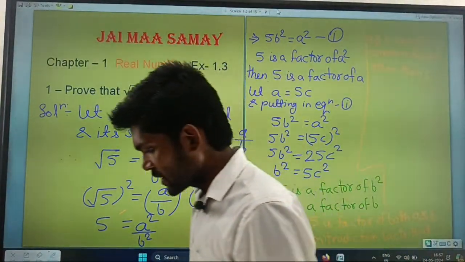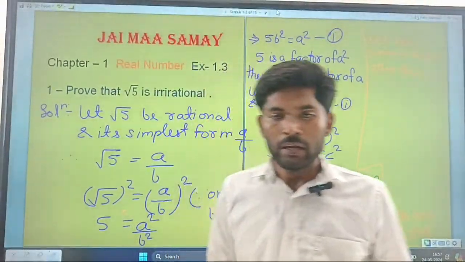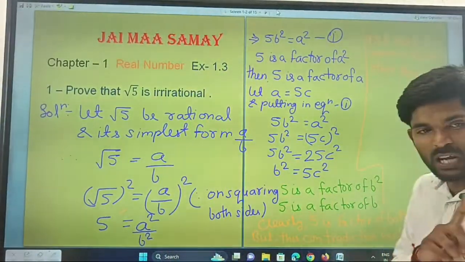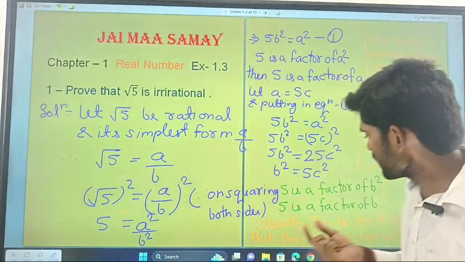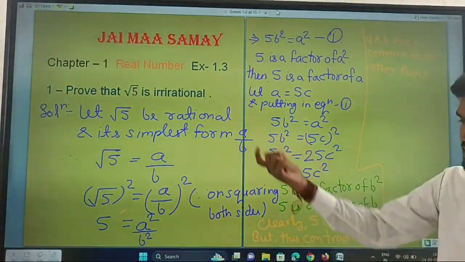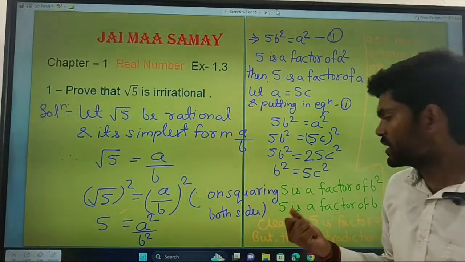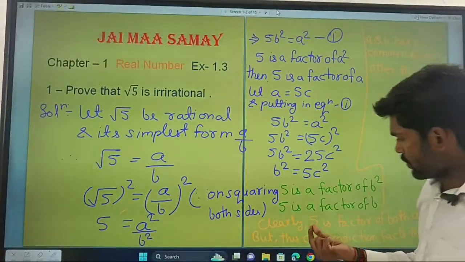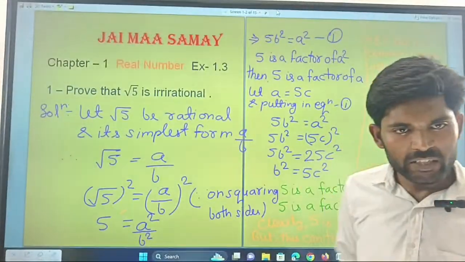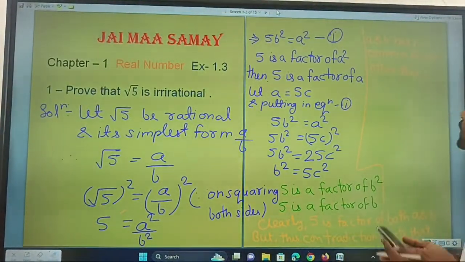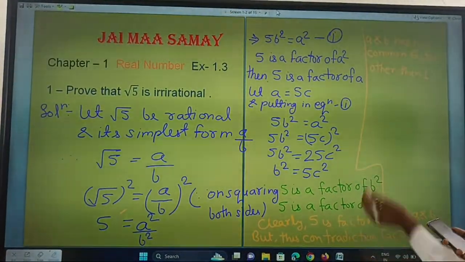According to rational numbers, A and B have no common factor other than 1. But here what common factor? 5. That is not the rule; you have to have only 1 in common. That's why this is wrong, and our assumption is wrong.